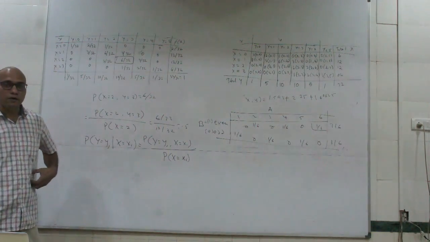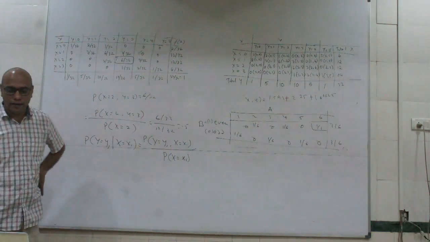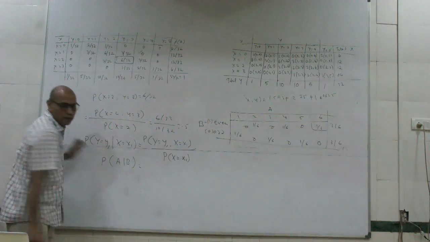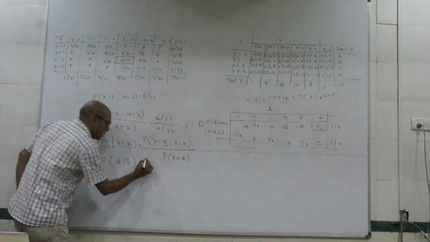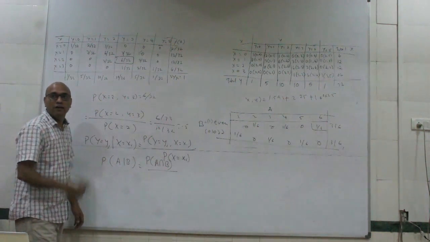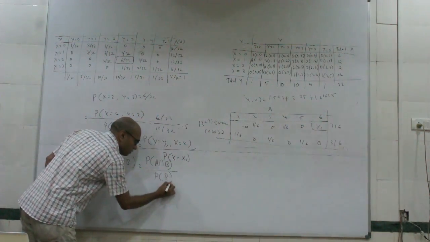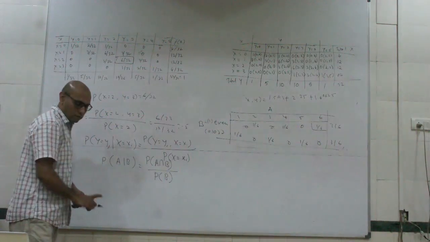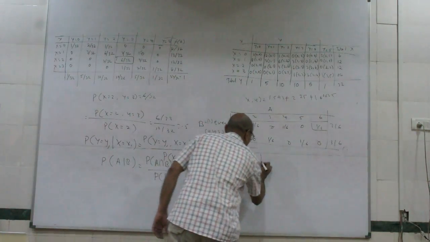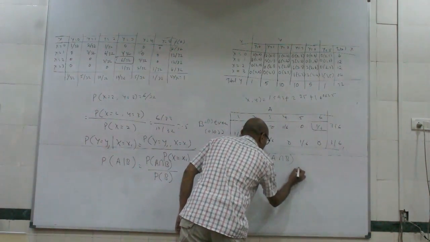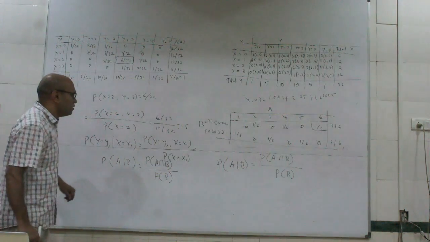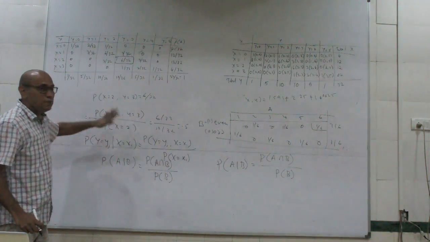Which means I can write this entire thing as: probability of A given B is probability of A intersection B upon probability of B. So I want to know the probability that A occurs given B has occurred.